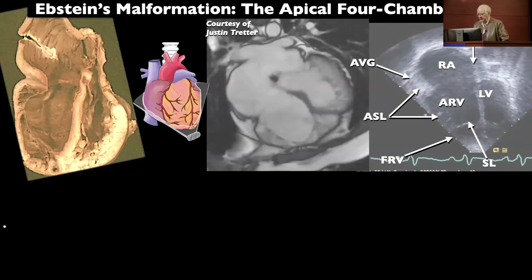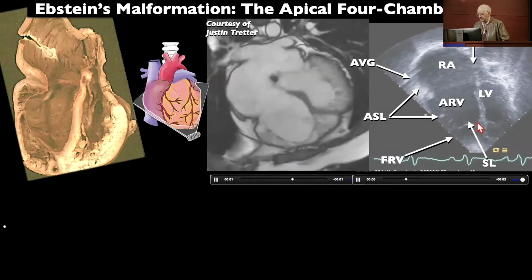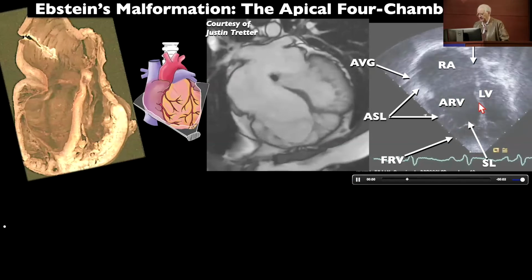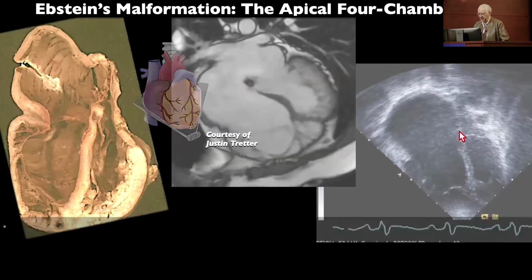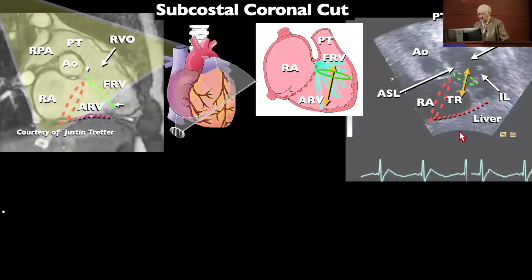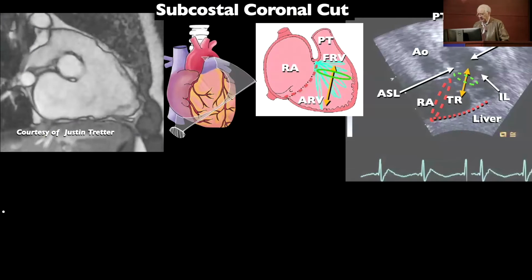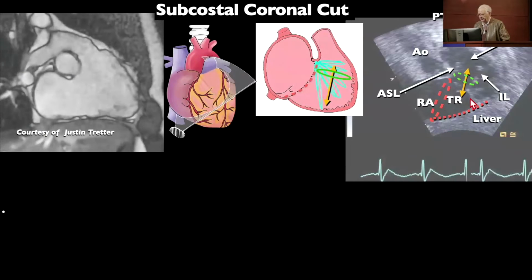And then the echocardiogram shows the apical displacement of the tricuspid valve. The septal leaflet is plastered against the ventricular septum. And here is this huge sail-like anterior leaflet with its caudal attachments to the underlying ventricular myocardium. So here again is that frontal picture corresponding to the echocardiographic plane.